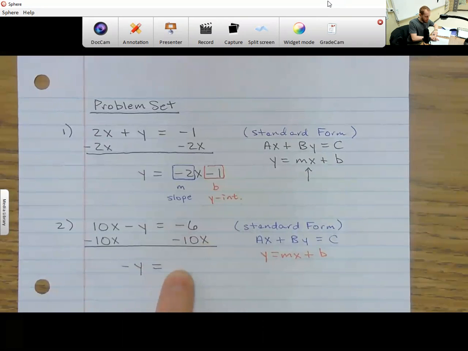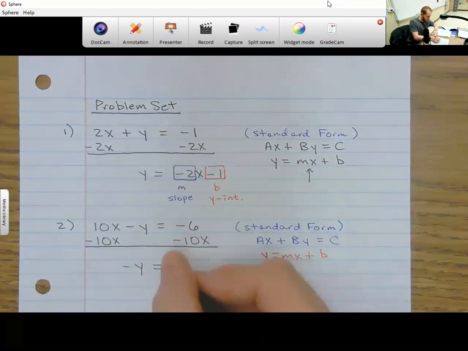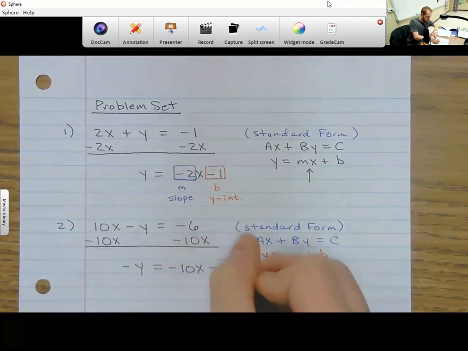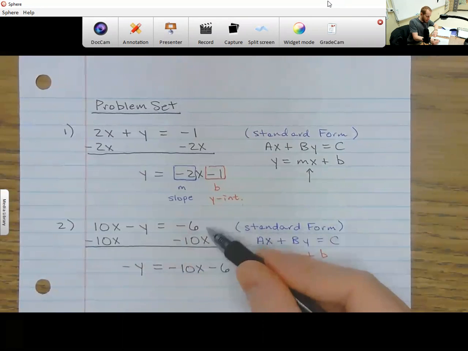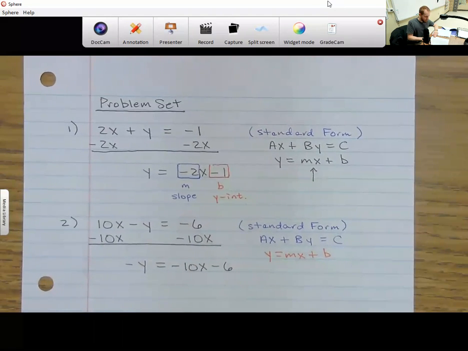And then I put the slope in front of the x, which would be the negative 10. And then the negative 6 is going to go after that. So I'm going to have negative 10x minus 6 because they're both negative at this point. But that's about to change, right? Because I've got to get rid of that negative out in front so that I can have y by itself.